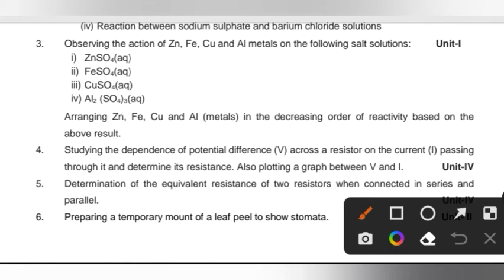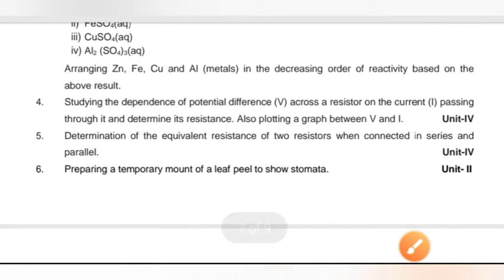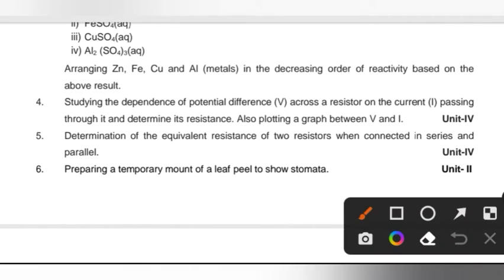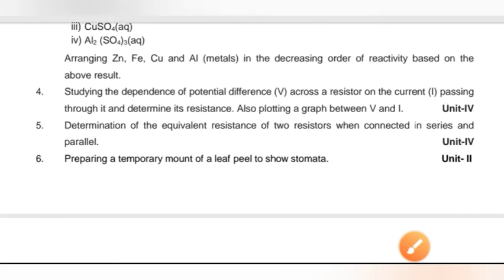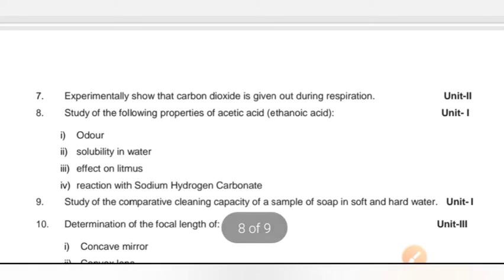And in the fourth, study the potential difference across resistors and the current passing through a determined resistance, and also plot a graph between them. This is of physics. Then the fifth practical, determining the resistance. You can see and read it.